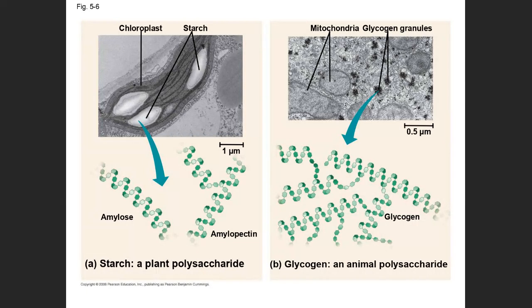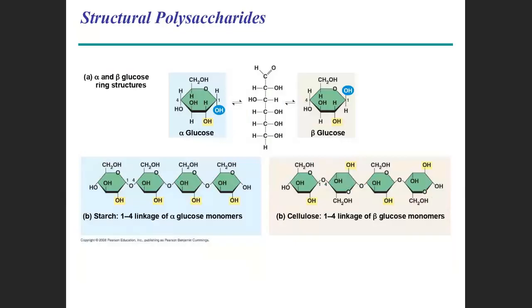Animals have no problem breaking down starch and glycogen. We have the enzymes like amylase to break down starch. Cellulose presents a problem though. Cellulose, as you know, is the component of plant cell walls.